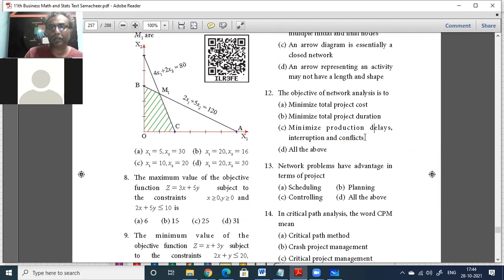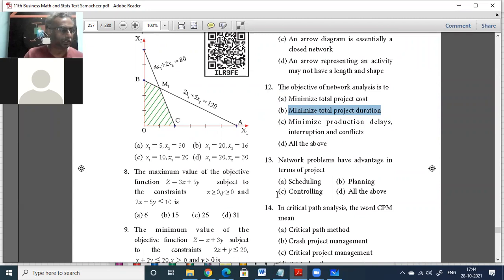So B only is correct. Minimize total project duration only is correct.